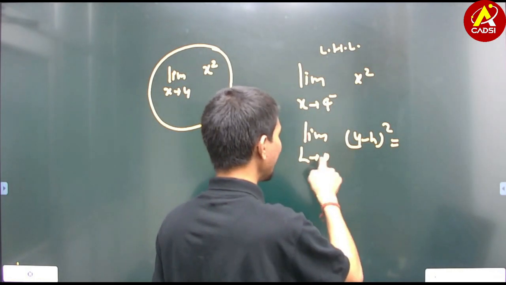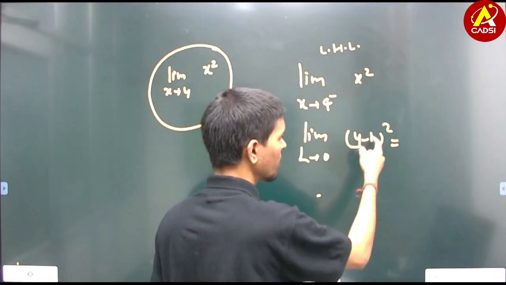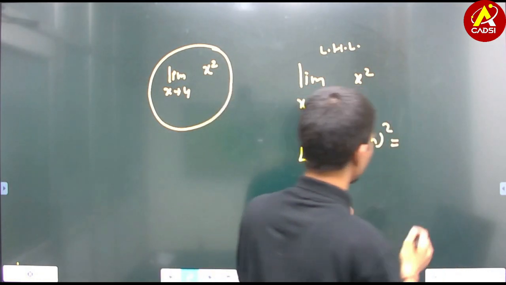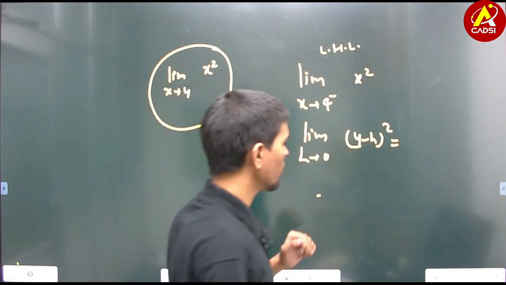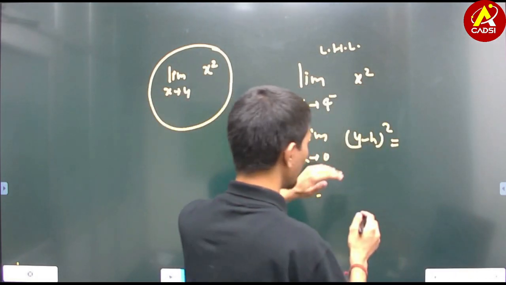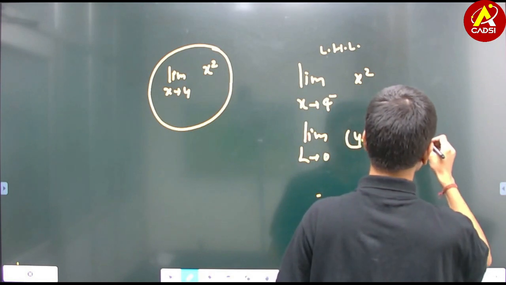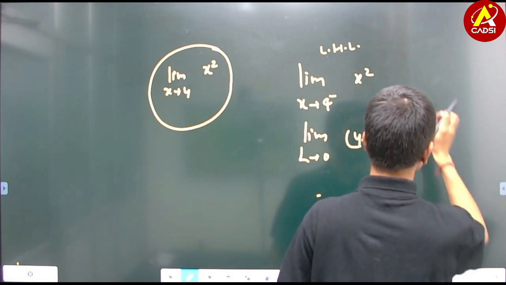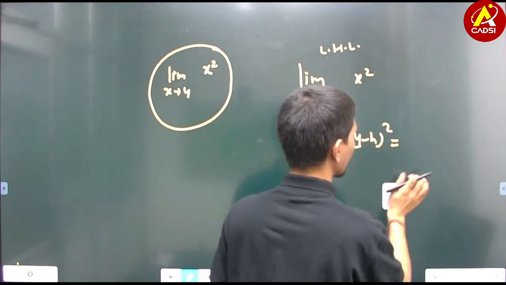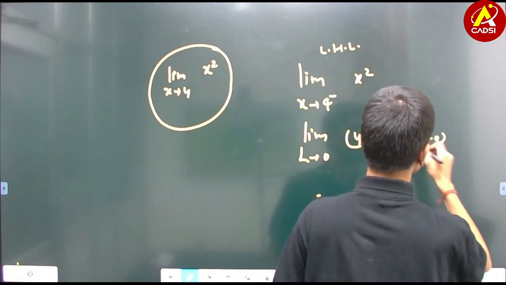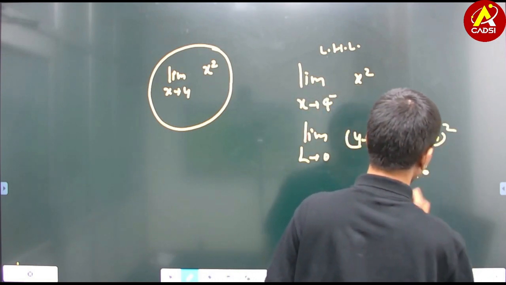If we put h equals to 0 in this expression, we get the value of this function. So we get (4 minus 0) square, that is 16.